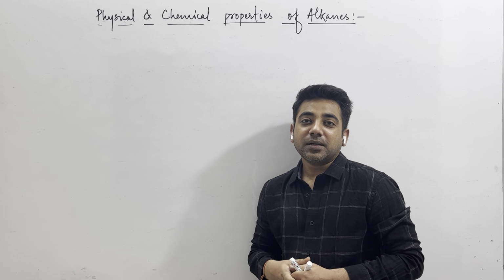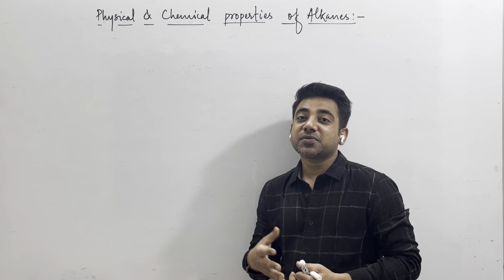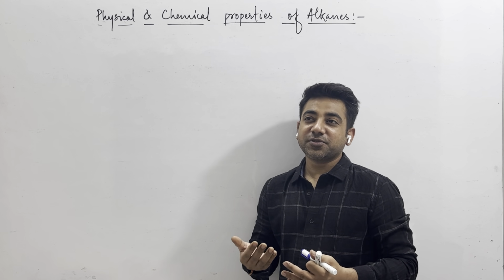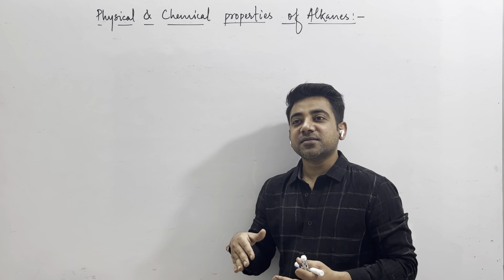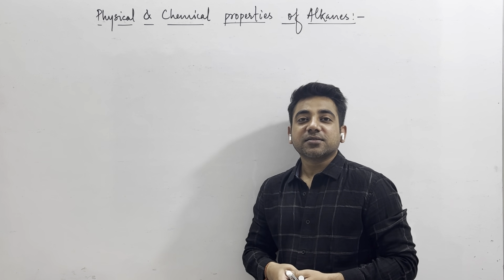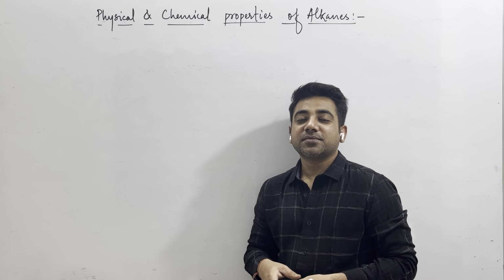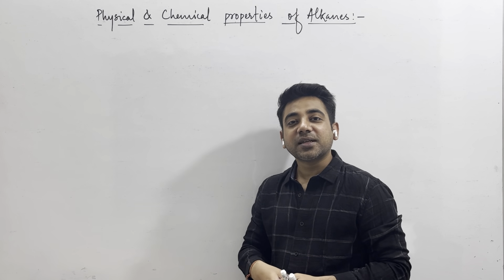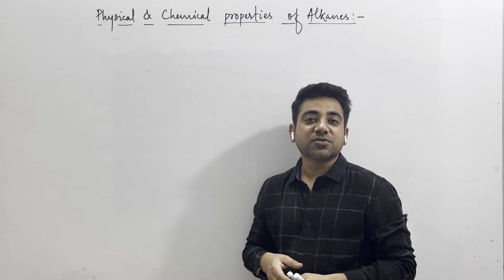Now, because of the low boiling point, most of the alkanes, especially up to the alkane with four carbon atoms, butane, are in gaseous state, then the next few members are in the liquid state and higher ones are in solid.